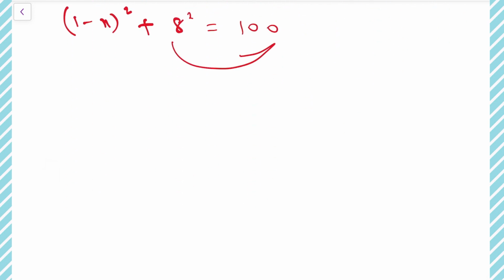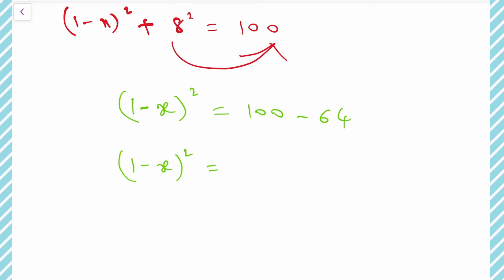This 8 square I will take to the right side. So (1 minus x) whole square equals 100 minus 8 square, 64. (1 minus x) whole square equals 100 minus 64, it is 36.